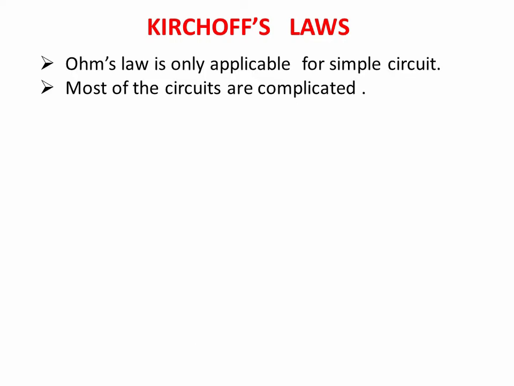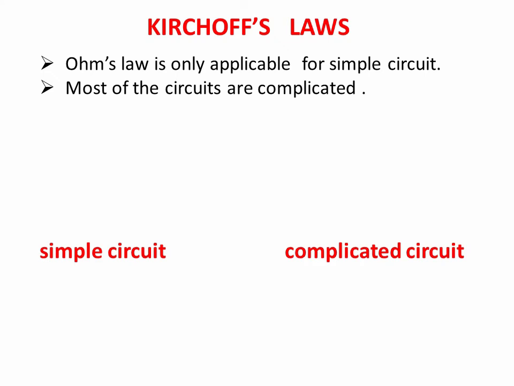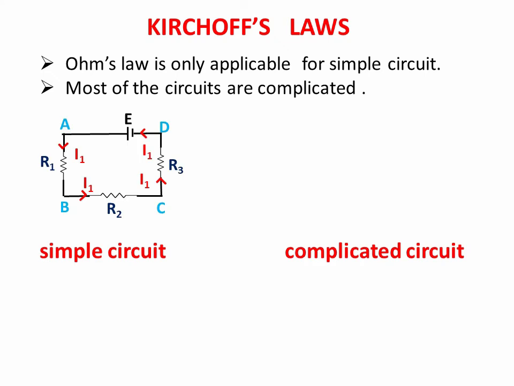Ohm's law is only applicable for simple circuits, but most circuits are complicated. For example, a simple circuit has only one battery and some resistors connected in series or parallel.